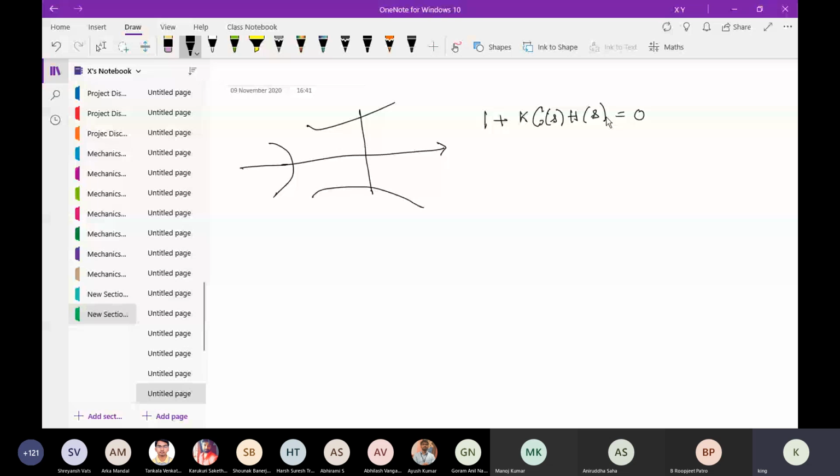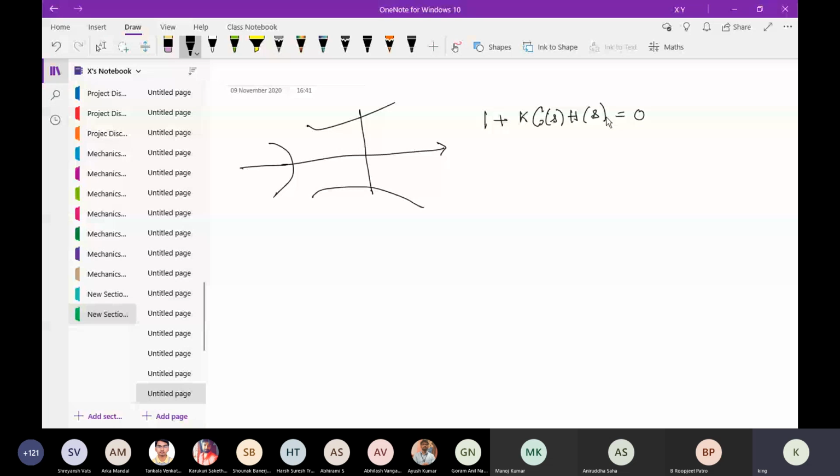Now the problem that will happen is that when you pick up such a point by eye estimation, you will obviously not get an accurate value of S, and when you put this in this equation, you will find that your K will become imaginary. So the convention is you just take the real part of K and proceed.